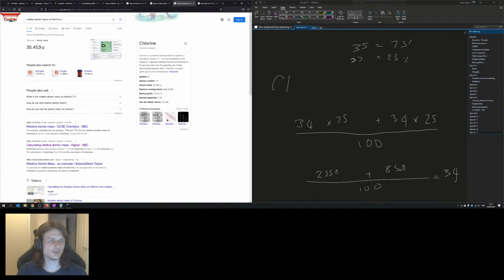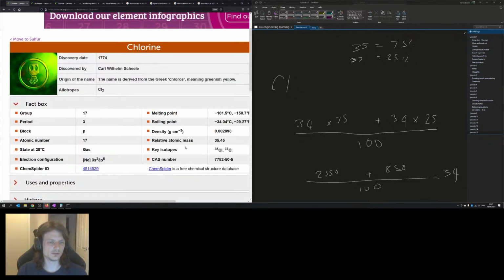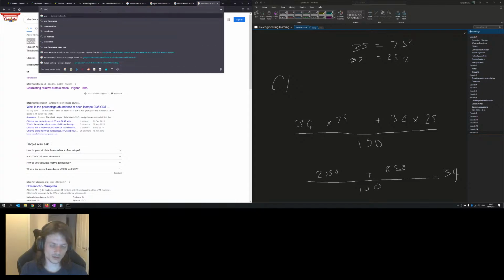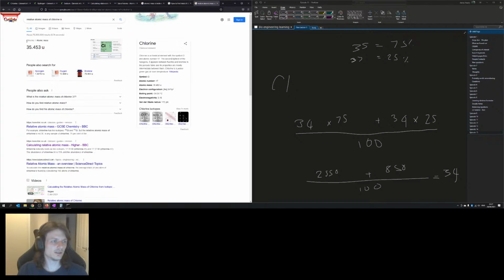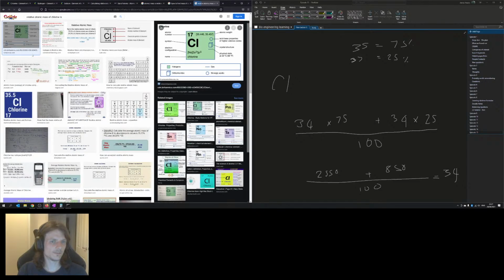Have these been rounded up or something? Relative atomic mass of chlorine. Did I round something up? Where is this from? I wonder. This is coming from here.